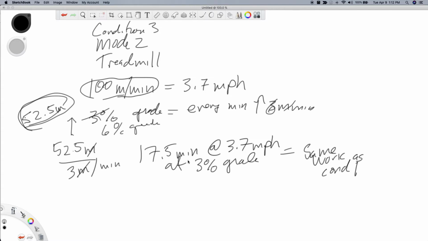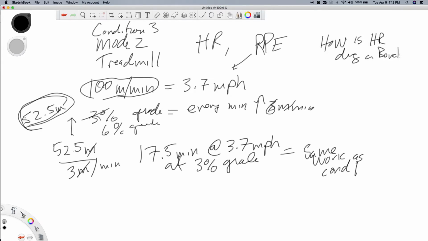And what we want to know, for example, in your discussion is how heart rate during a bench test compares to heart rate during a treadmill test when work is matched. And the question is, are they similar?